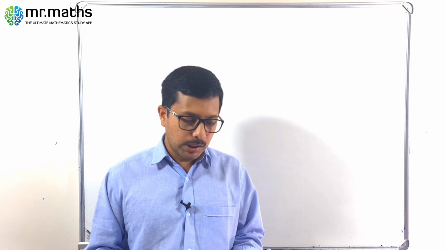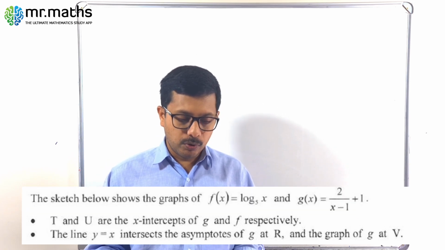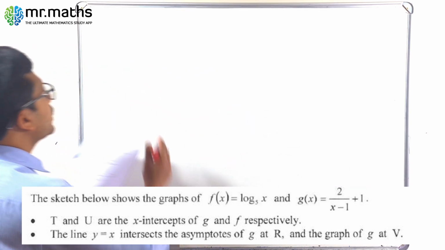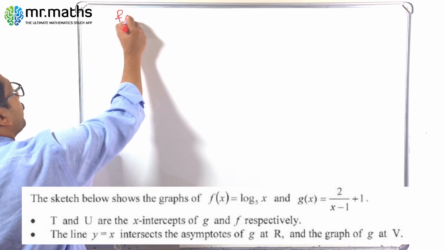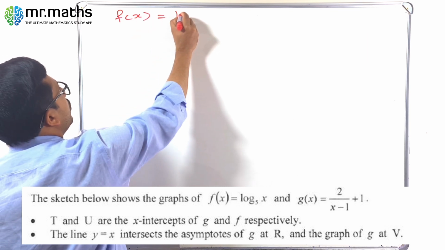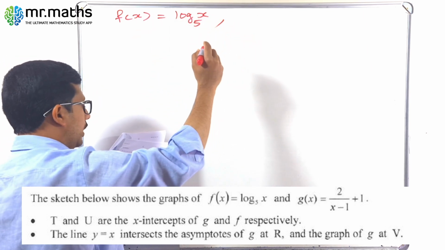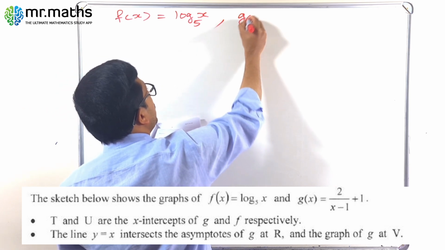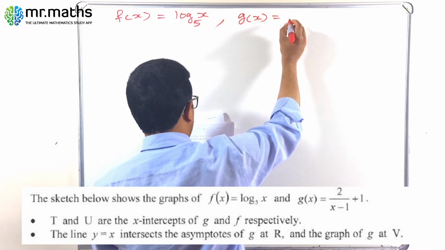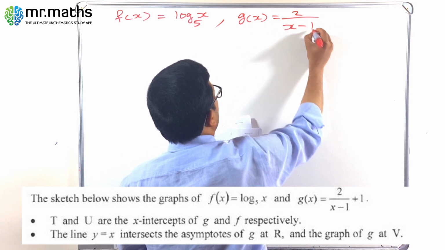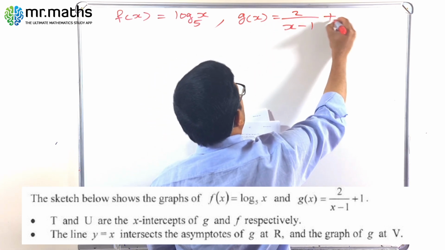Question number 4. The sketch below shows the graph of f of x is equal to log x to the base 5, and another equation is given: g of x is equal to 2 divided by x minus 1, plus 1.